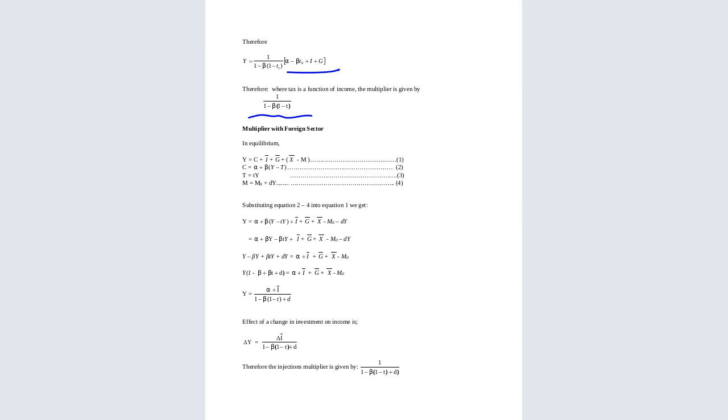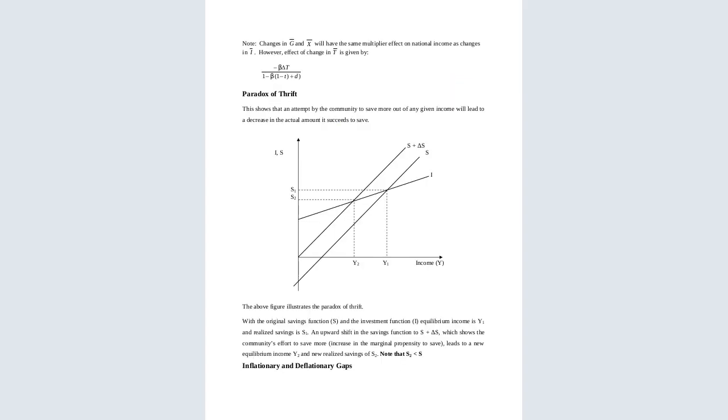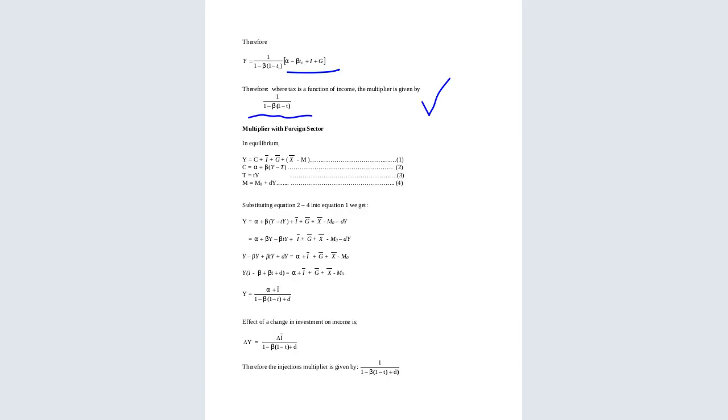That is our new tax multiplier. That is when the tax is made up of the autonomous tax and the induced tax. So we can move to the last part of our multiplier and look at the multiplier with the foreign sector.